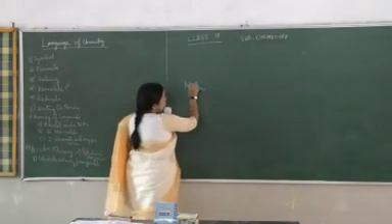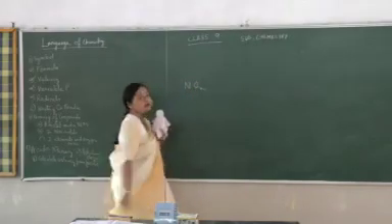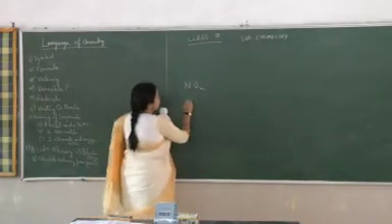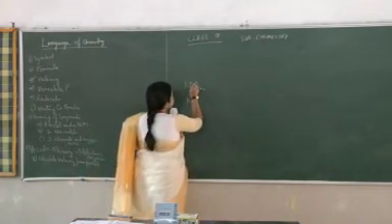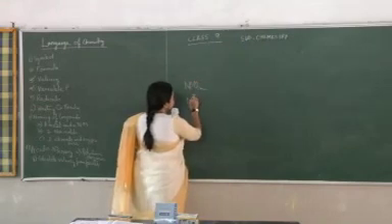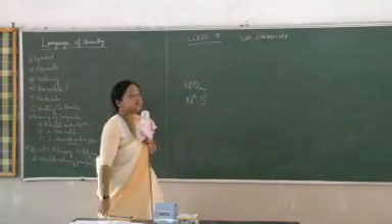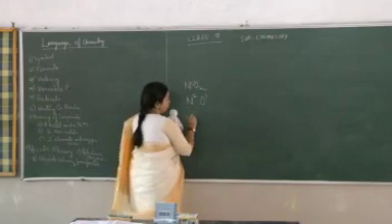then again, first of all, in NO2, we know that oxygen is bivalent, that it has valency 2. So we will put this again in the back gear. But we know that oxygen is bivalent, so we will multiply both with 2.